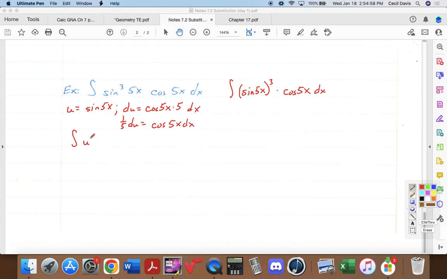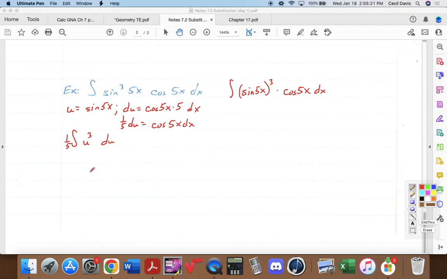So now we have the integral of u cubed times 1/5 du. And again, I think you can see that that's a lot easier to look at than the original is.